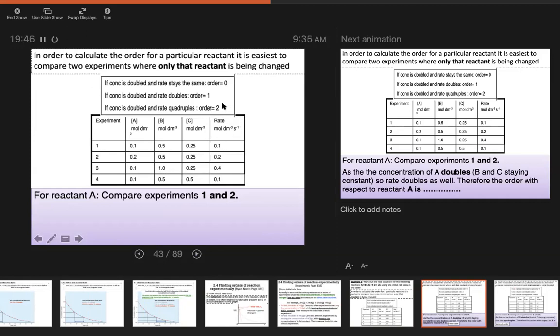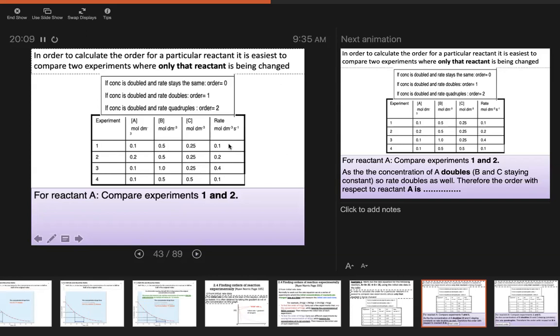So this is what it means. The rate on the last column means the initial rate, okay? So first experiment, they started with 0.1 mole per dm cube of A, 0.5 mole per dm cube of B, and 0.25 mole per dm cube of C, and then the rate is 0.1. Fine, okay?